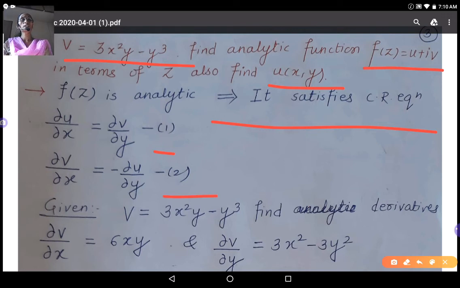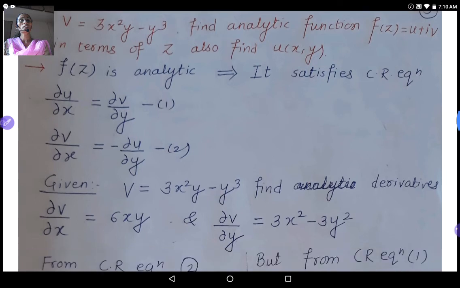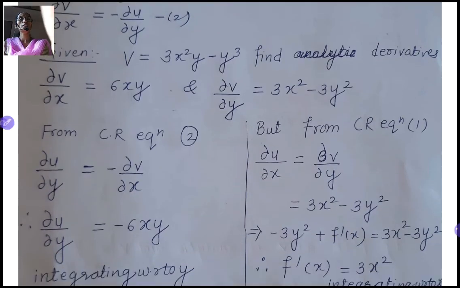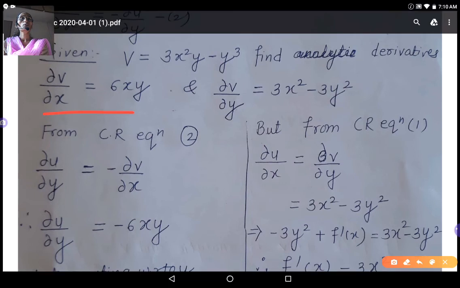Now in the previous example we started with u, and here you are starting with v. Why? Because v is given. If v is given, then you will be finding the derivatives of v. First, the derivative del v by del x is equal to 6xy, the derivative of this with respect to x. And second is del v by del y. The derivative of this will be 3x square, and the derivative of this will be minus 3y square.